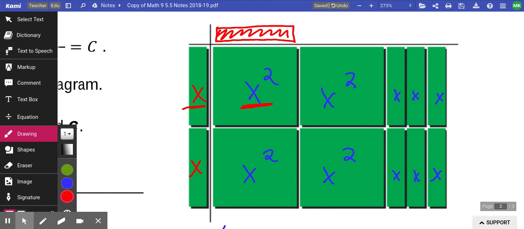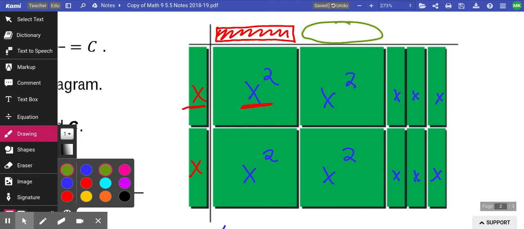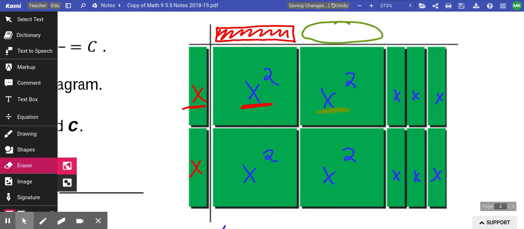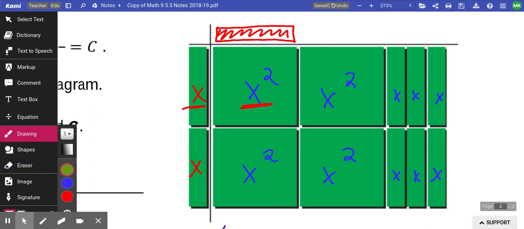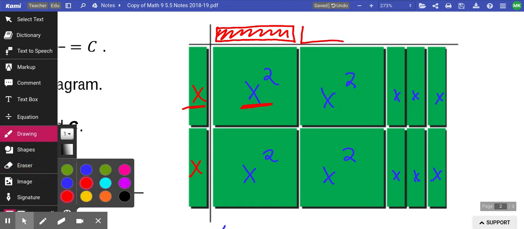If I look at the second column, I ask myself, what would need to go in this area up here so that it created this x squared here? And again, it would be another x, because an x tile and an x tile would come together to create this x squared. I keep going.